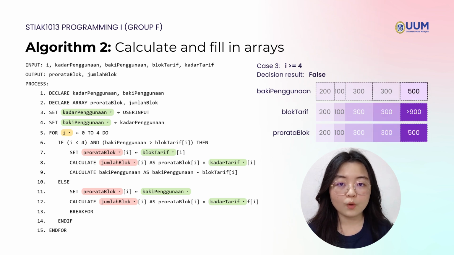Case 3, when I equals 4, means that we have reached the last iteration. Since the last block tariff can accommodate any remaining usage above 900 kilowatt per hour, the current berata block will equal the baki penggunaan, similar to case 2.